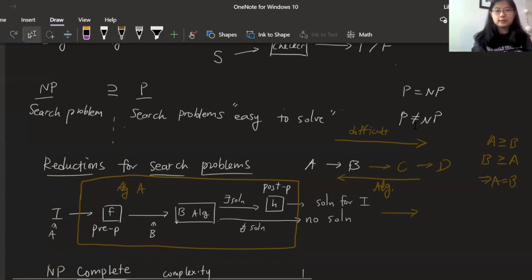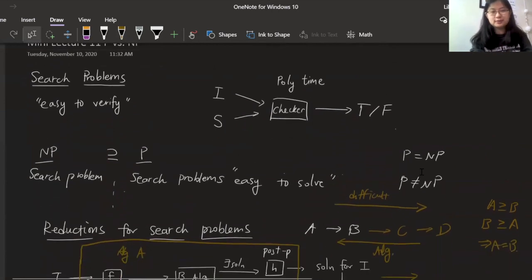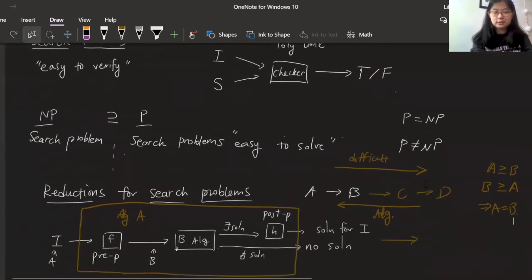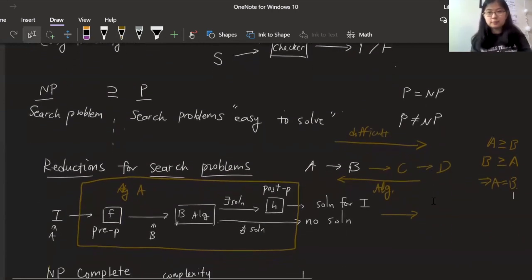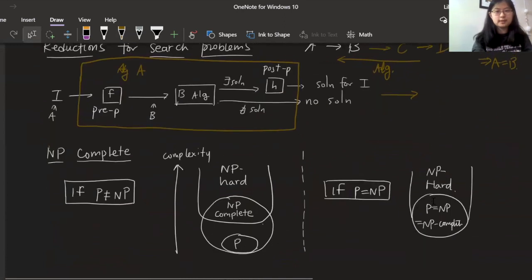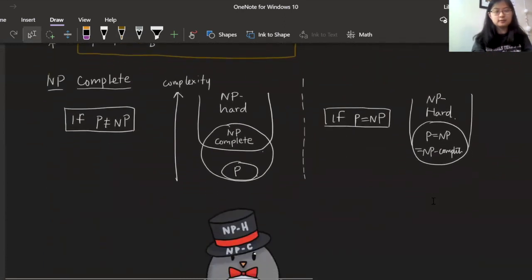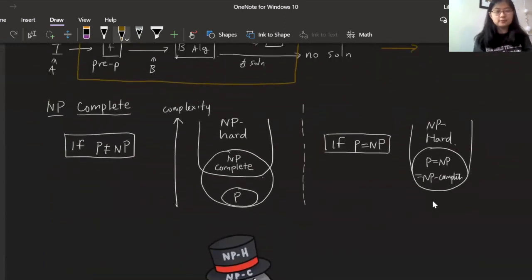So remember, a couple minutes ago, we said that if P is not equal to NP, then there are problems in NP that are not in P, right? So this means I have problems that are in the circle which denotes NP, and P is a subset of NP, but I have some other stuff in NP.